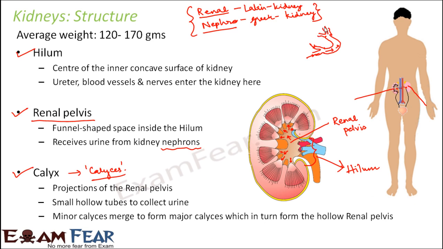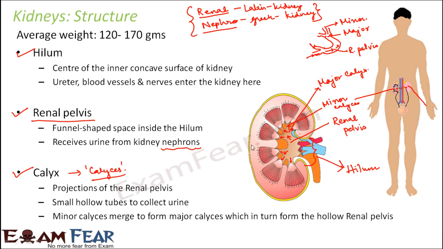So here if you see, these branching off, the smaller branches are called minor calyces. The bigger branches are called major calyces, and then this funnel shaped hollow structure is called renal pelvis. So here in this picture you can say that these smaller branches are called minor calyces, whereas this bigger branch is called major calyx.